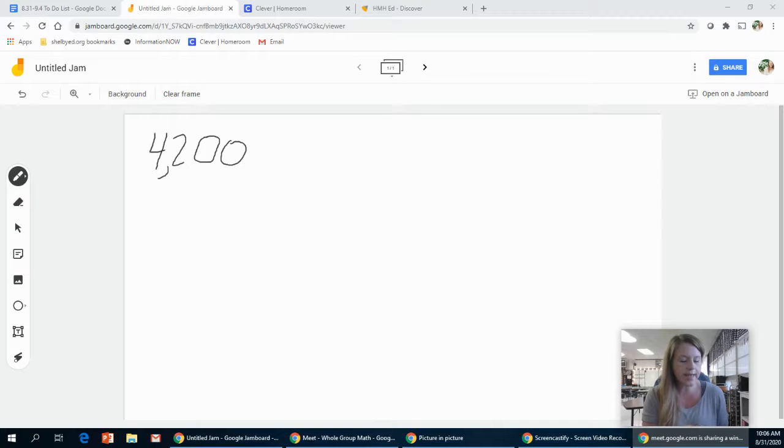So A says 4,200 hundreds. I'm going to scoop to the hundreds place and stop right there, because I'm trying to figure out if that's how many hundreds it is. So is 4,200 equal to 4,200? What number is in my scoop?